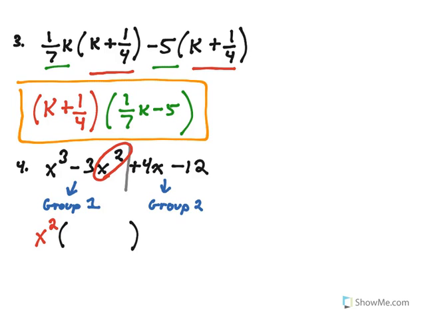To figure out what you have left behind, think backwards. I factor out x squared. Then you have to say, x squared times what gives me x cubed? Well, it has to be x.